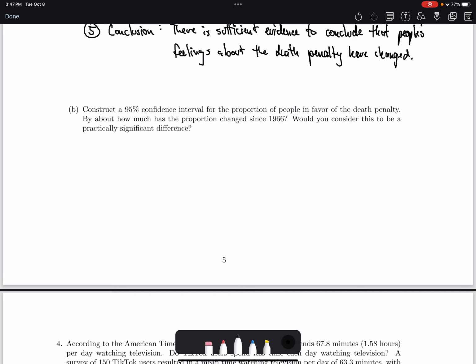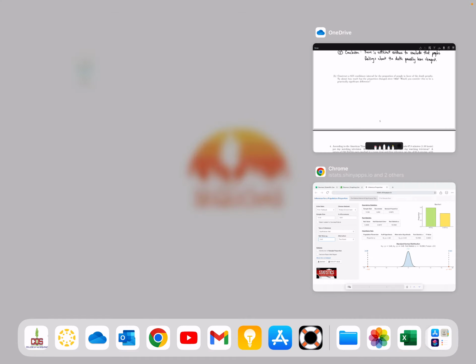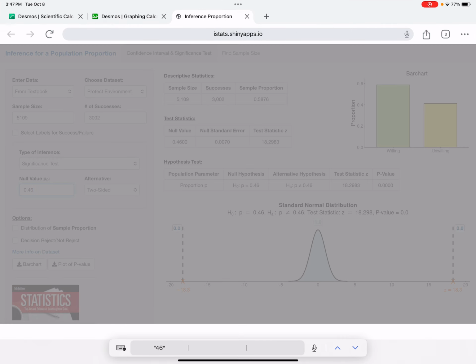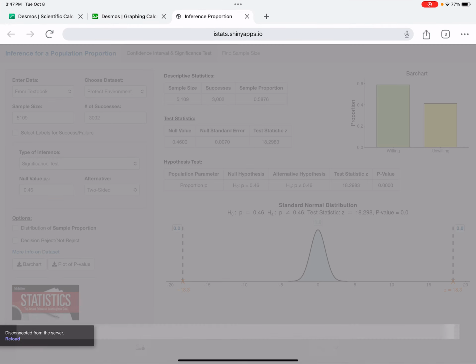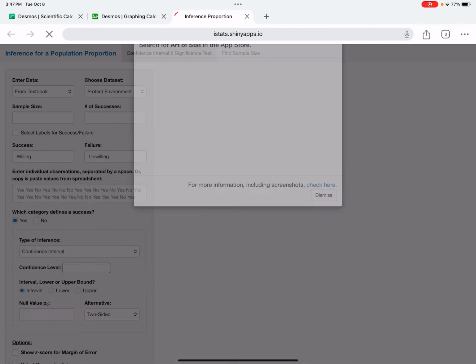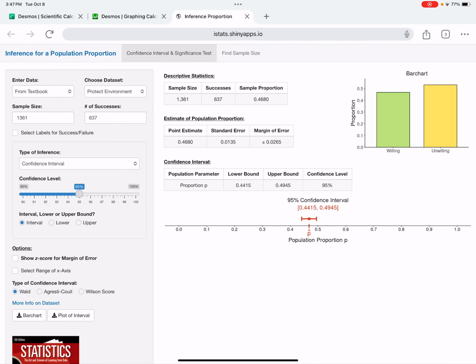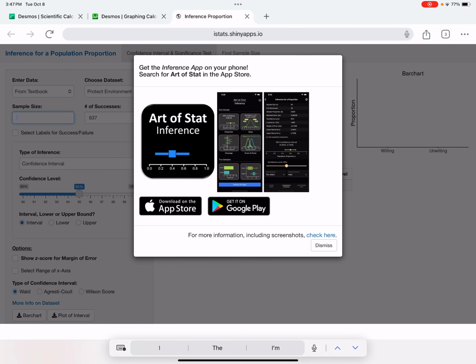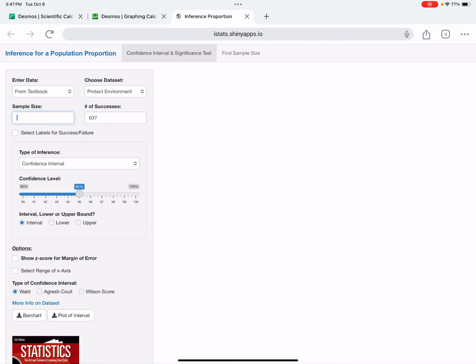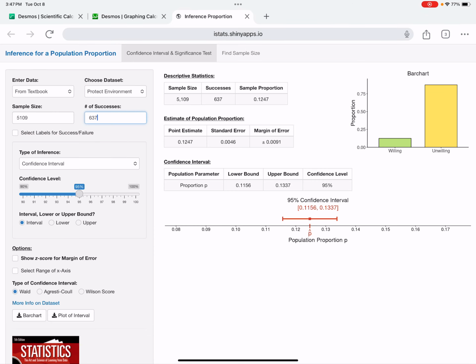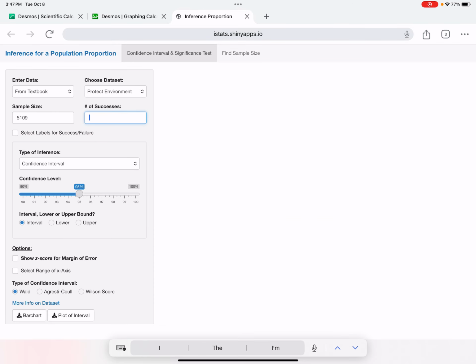It says construct a 95% confidence interval. So we can do that real quick. Hopefully it doesn't kick us back out. It just kicked us out. So I'll have to do this again. 5109 and 3002.